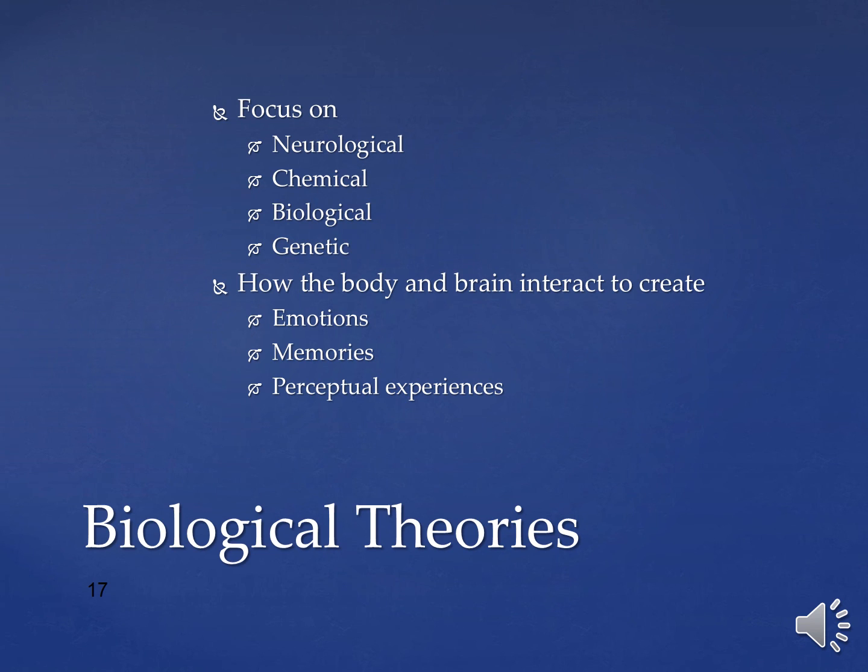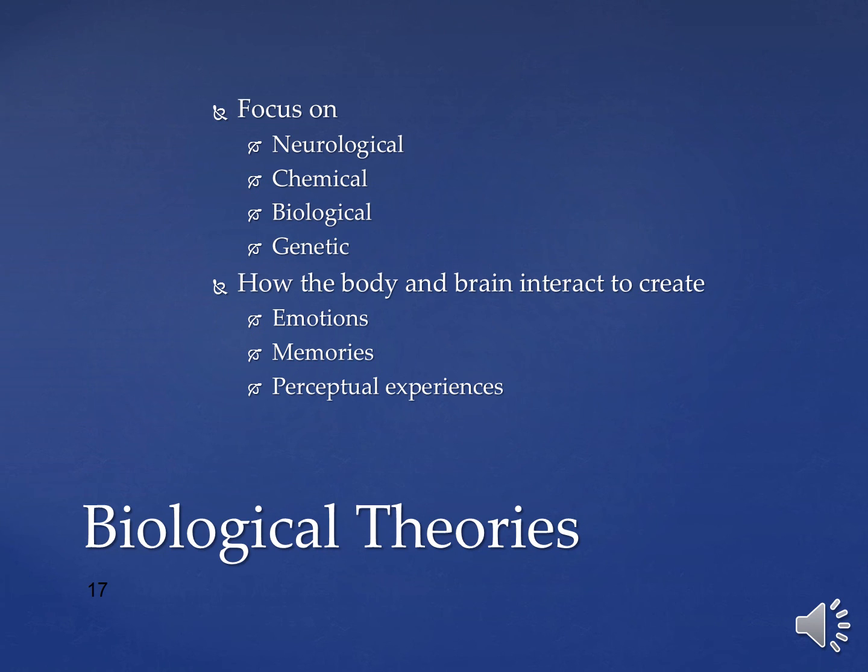Now, our biological theories are basically the scientific foundation for the medications that we give. We basically want to understand our meds and know that we have many different reasons for mental illness. Some of them are physical, organic changes to the brain, where neurological and biological damage is done.